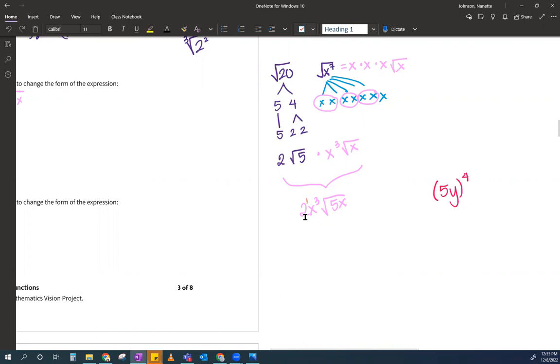Does that make sense? I don't know how or why, but that's what people end up thinking. I've seen it for years. So if I want everything to be included in that fourth, I would use parentheses, which means this applies to everybody inside my parentheses.